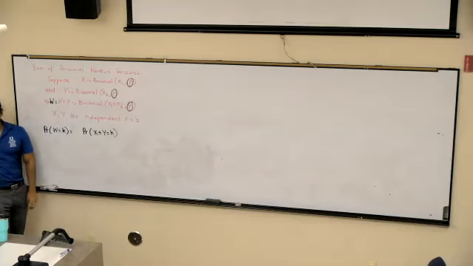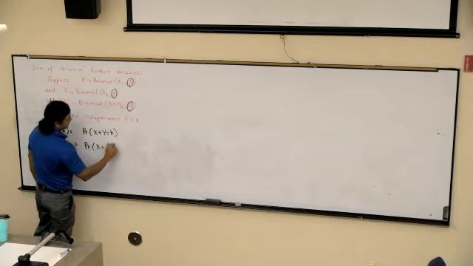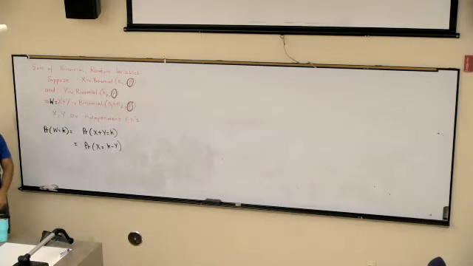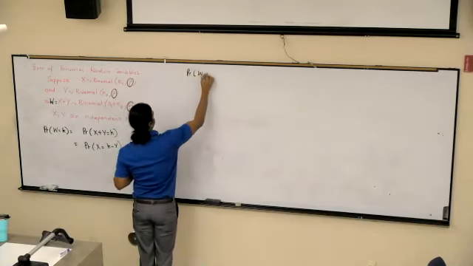What did we do next? And then to proceed further, we had to do something. What did we do? Partition and use, what is that law, Nathan? Law of total probability. So probability W equals K.